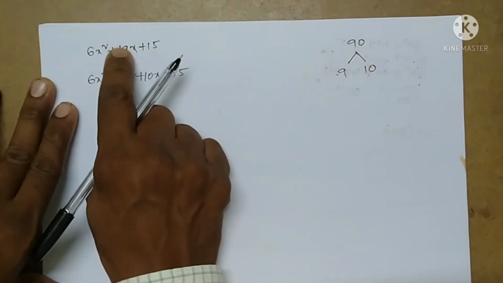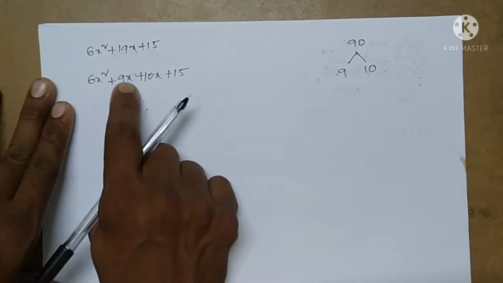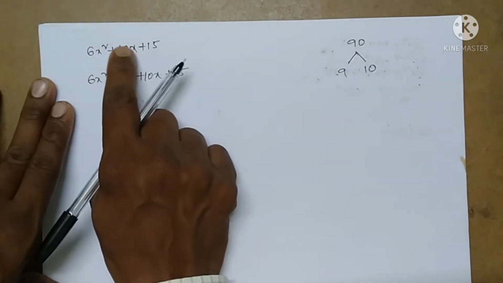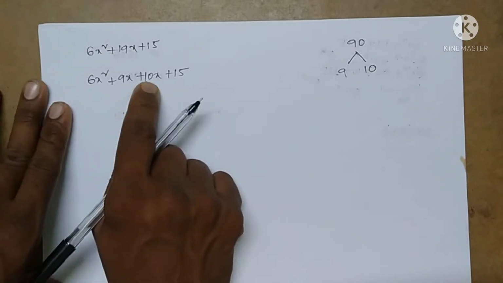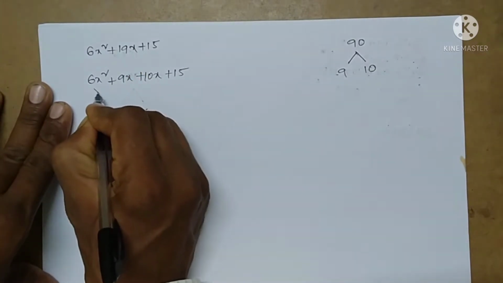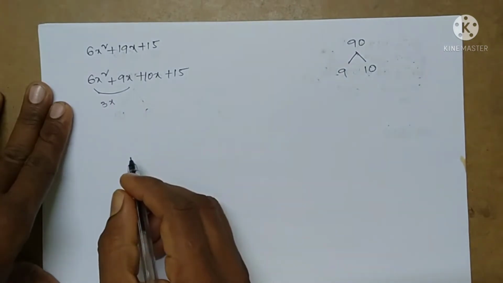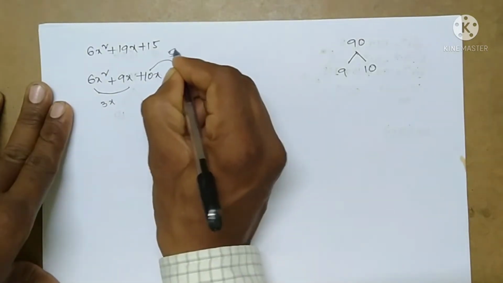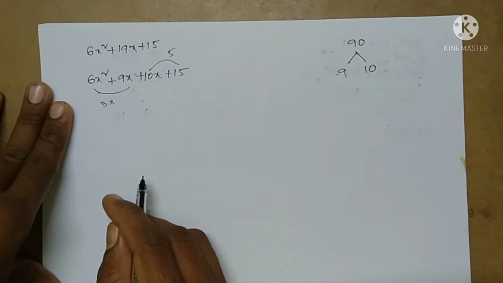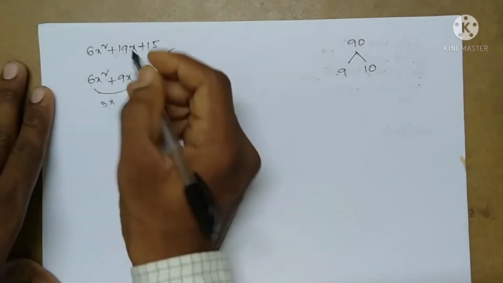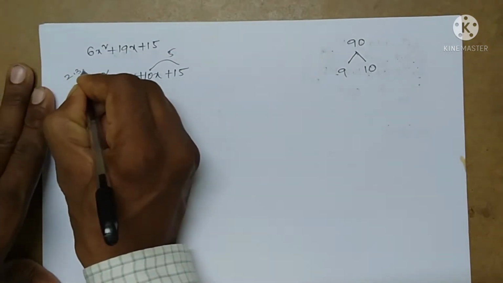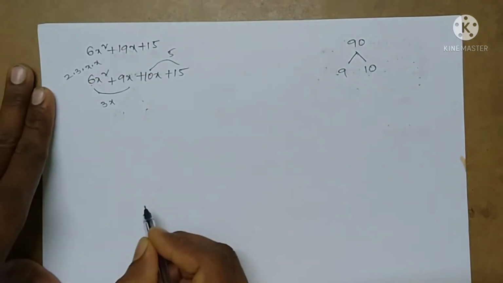In this factorization method, we have to split the middle term into two terms combination. So here in these first two terms 3x is common, and in the other two terms 5 is common. How? 6x square means 2 into 3 into x, right?